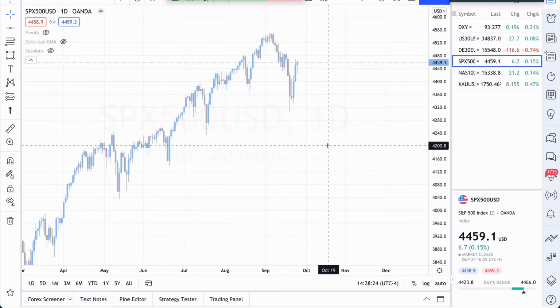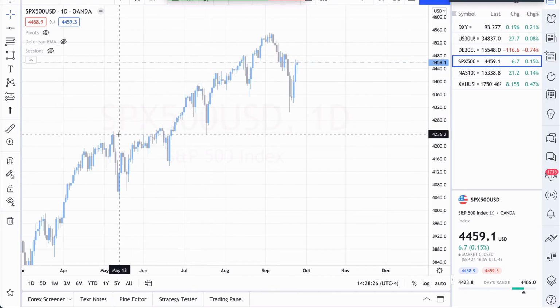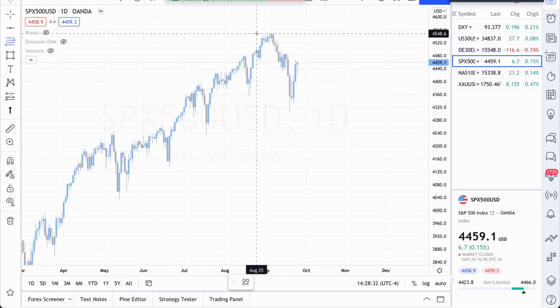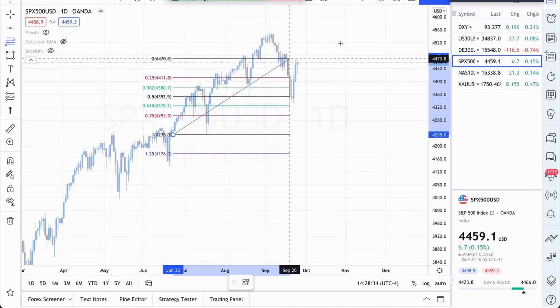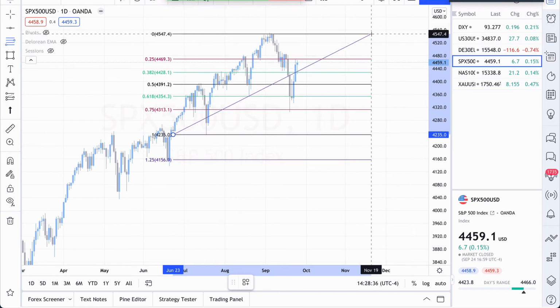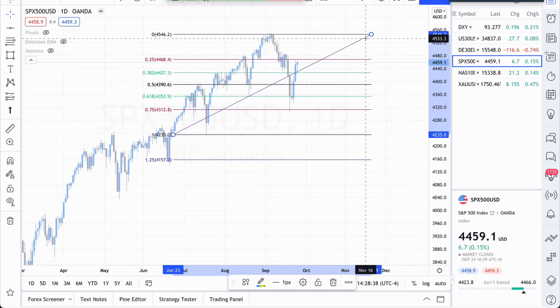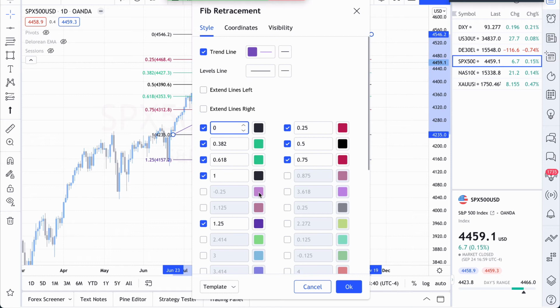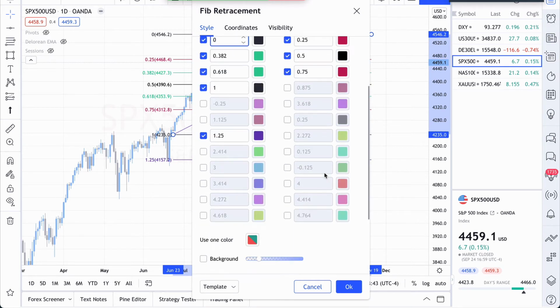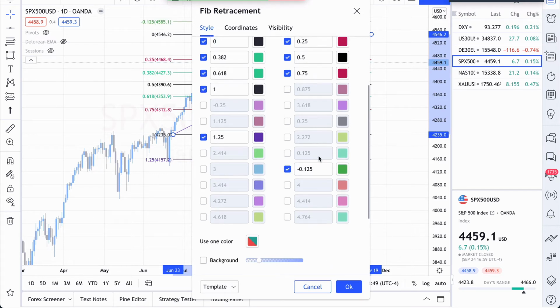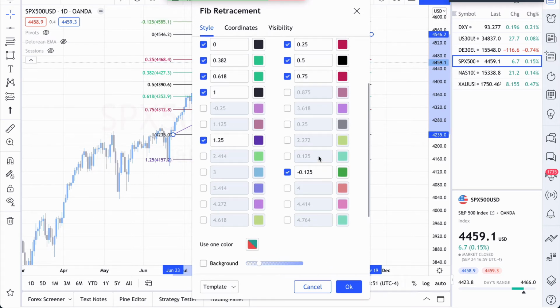Okay. So I'm gonna take this one from the breakout here. So I'm using this as my fib. And I have my other levels just turned off, so I'll turn them back on for this. I should have a negative. There we go. There it is, right there.